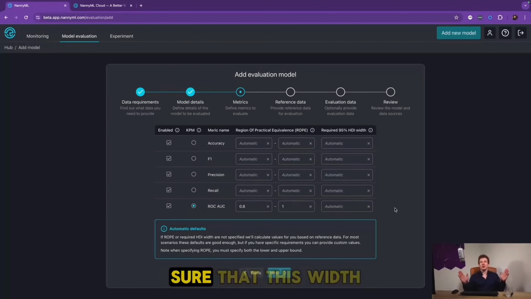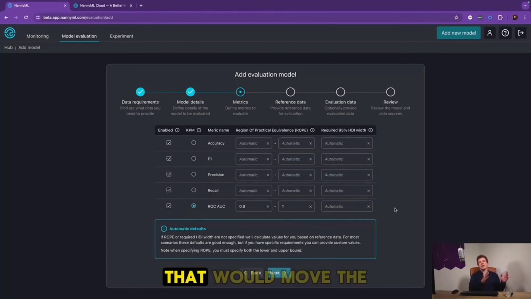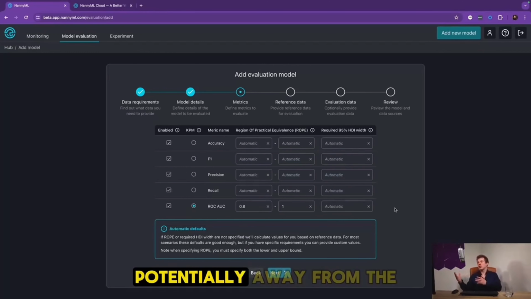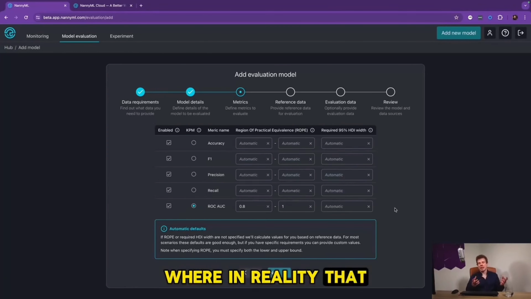Now we want to make sure that this width is small enough such that we avoid any potential random effects that would move the HDI away from the ROPE. Then we would say that the model performance has decreased, where in reality that is not necessarily true.